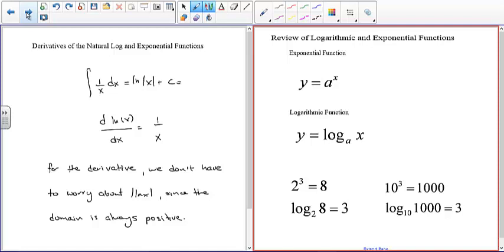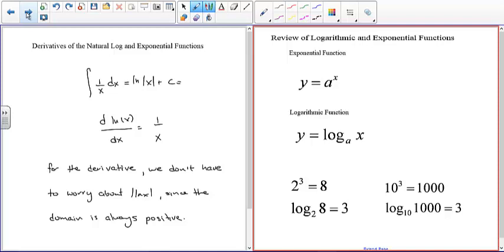The exponential, especially when you're dealing with whole numbers, or I should say natural counting numbers, is the easiest one to understand, because 2 cubed is just going to be 2 times 2 times 2, which is 8.